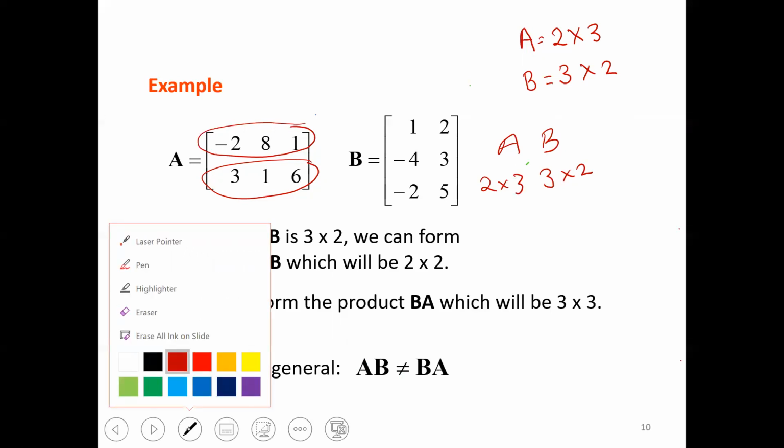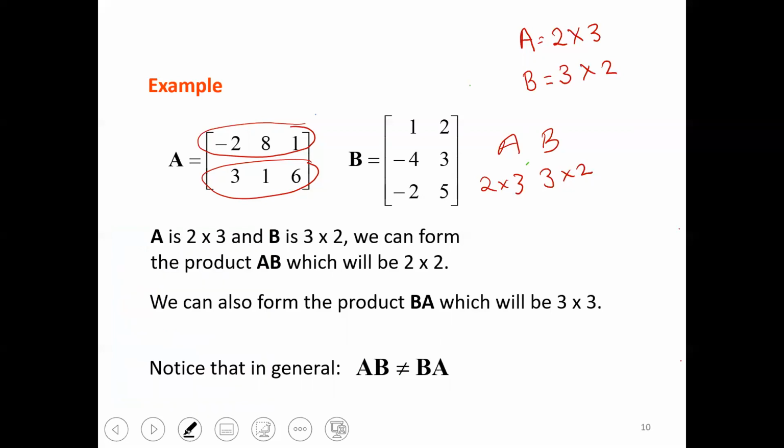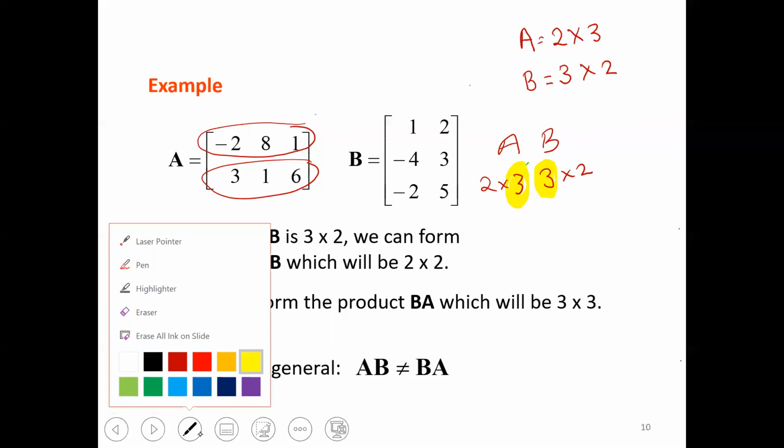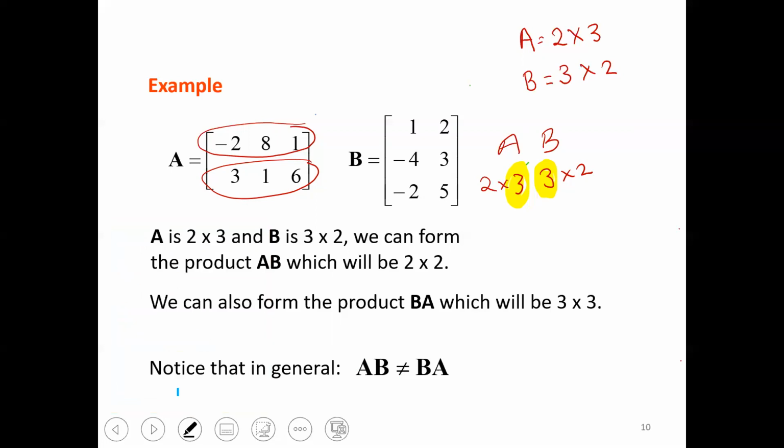What we need is that if these two numbers in the middle are the same, then we can multiply these matrices together. The numbers in the middle have to be the same, and in that case, the result will be the same as the outside numbers.